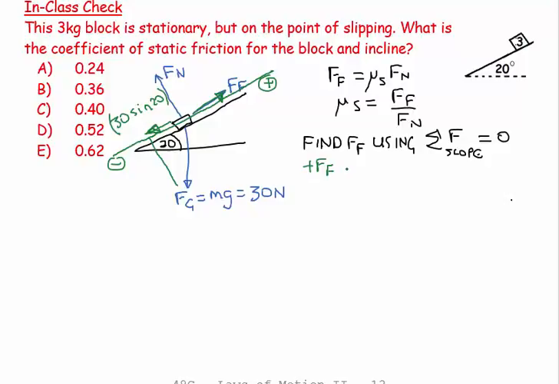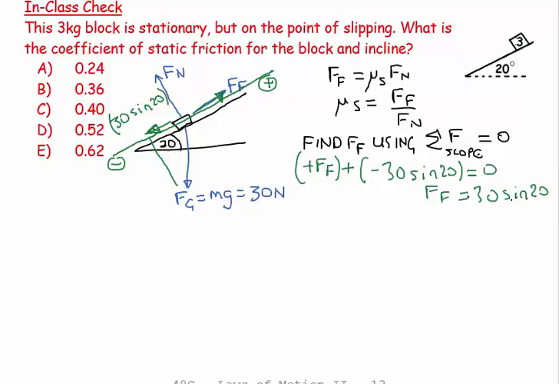Ff plus, well, that's pointing in a negative direction, so minus 30 sine 20 equals 0. So Ff is equal to 30 sine 20. I'm going to leave it like that because I know a little trick, which I'm just going to show you.